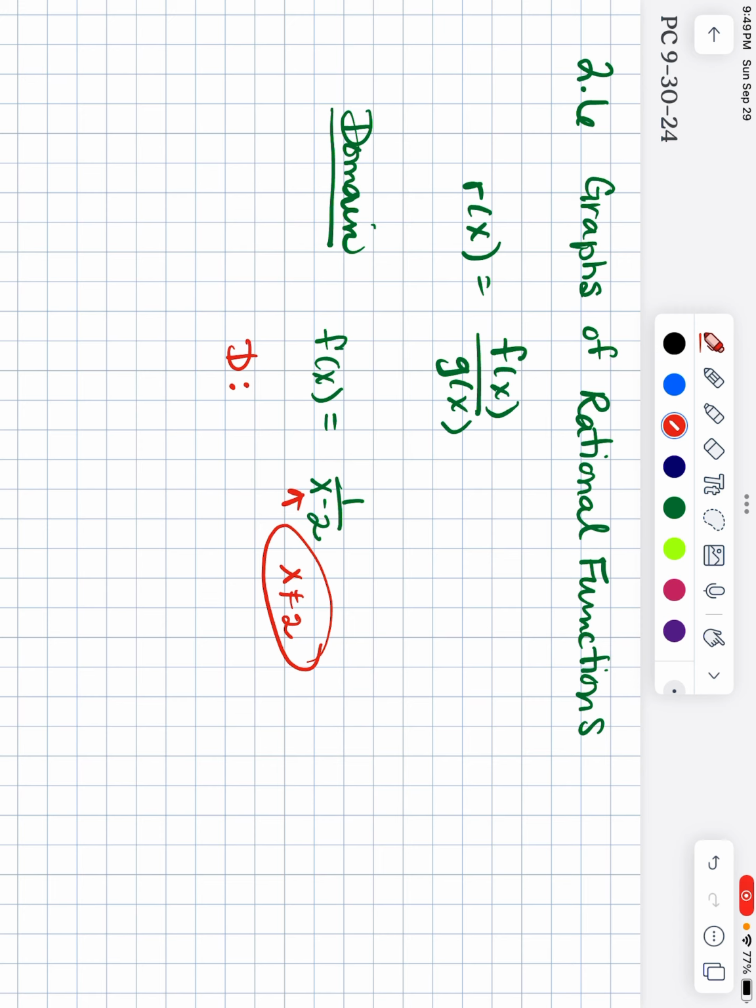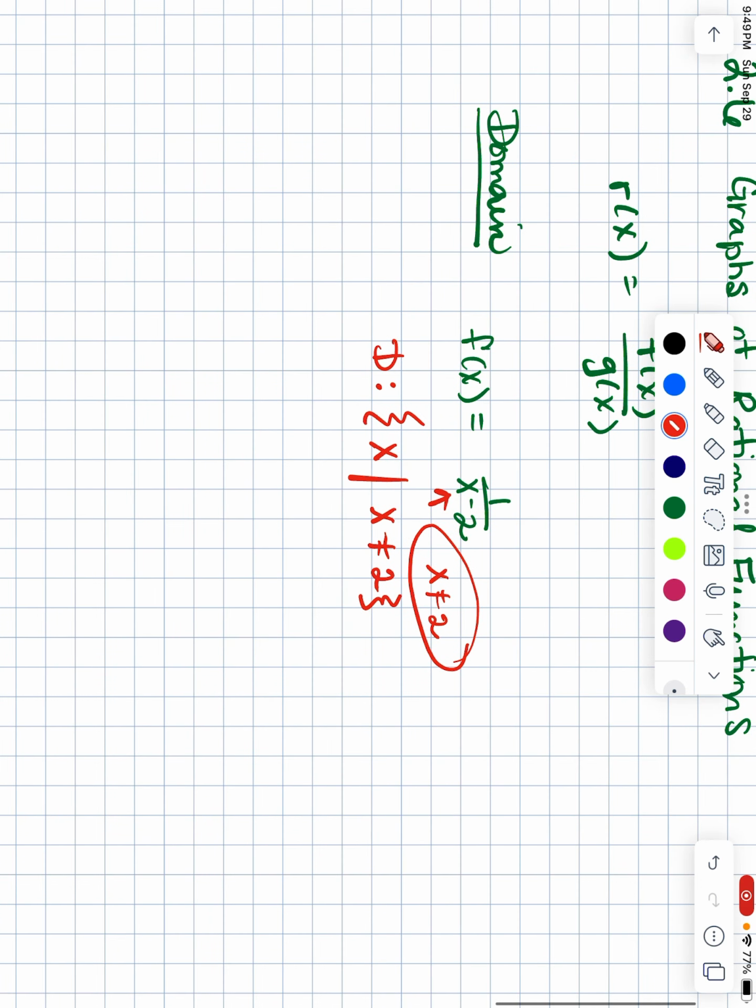So to keep to algebra for right now, and I'll explain the calculus way to say it when I see you in person the next time, we're going to write it in set notation. So it's the set of x such that x does not equal 2. That's going to be the easiest way for us to put it right now. We could put it in interval notation. I guess I'll go ahead and show you that. I know some of you guys prefer that anyway.